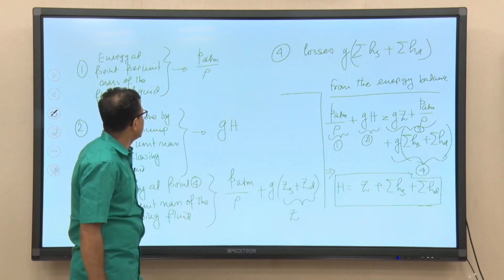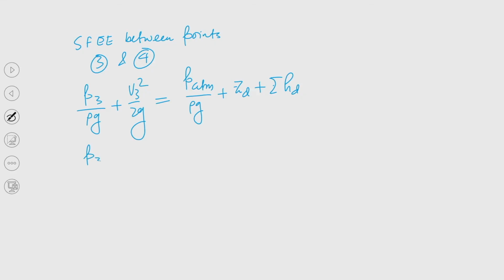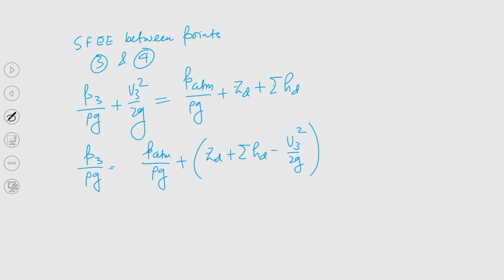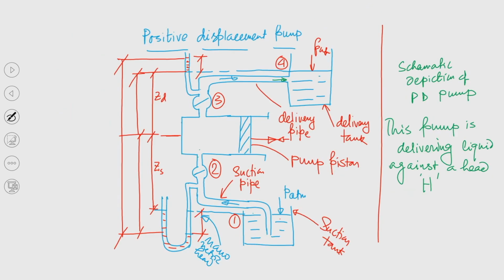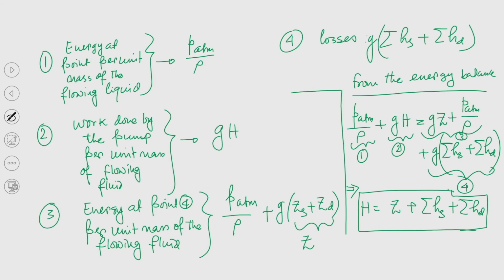So we can write P3 by rho g equal to P_ATM by rho g plus Zd plus summation of Hd minus V3 square by 2g. Again, the cross sectional area of point 4 is very high compared to the cross sectional area of the delivery pipeline, so the velocity at the delivery tank is negligibly small compared to the velocity at point 3. That is why it is ignored.